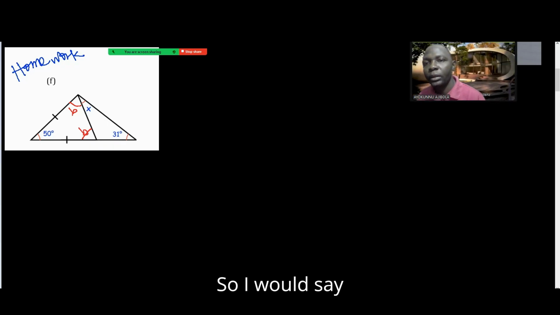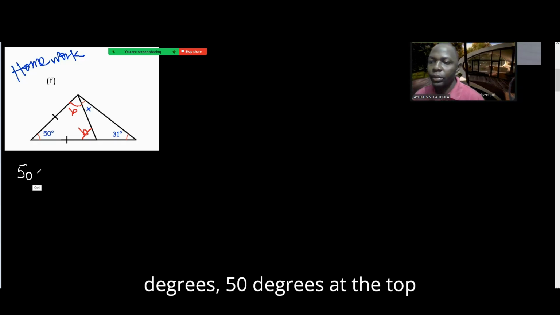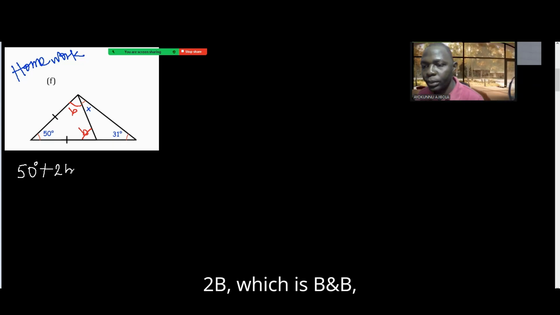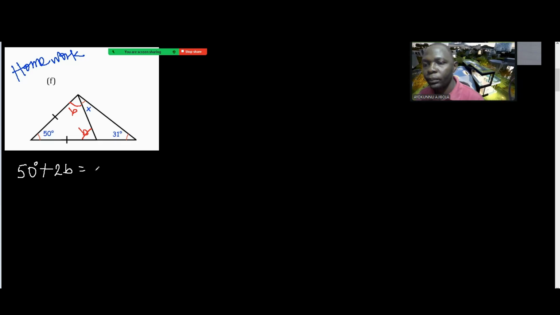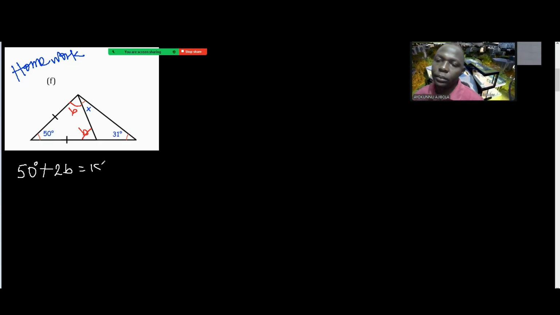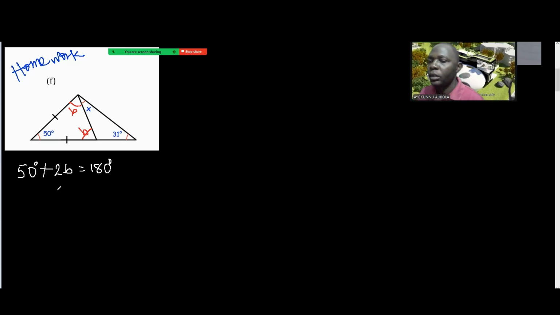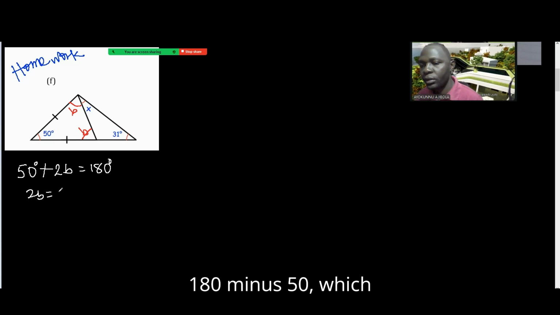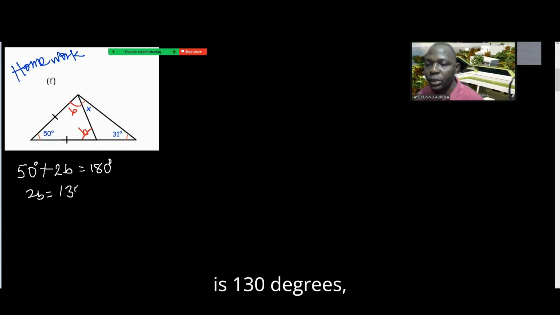So I would say 50 degrees at the top here, plus 2b, which is b and b, equals 180 degrees. So 2b equal to 180 minus 50, which is 130 degrees.